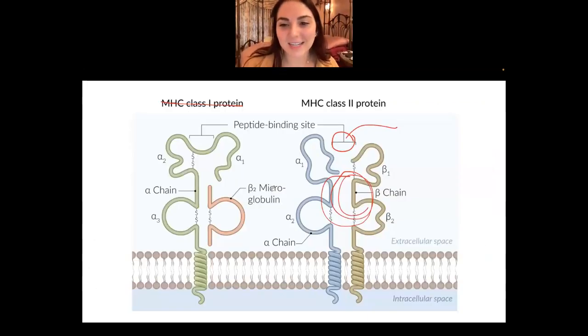So is the invariant chain acting like a placeholder for the antigen? Exactly. You don't want self antigen to accidentally get loaded into MHC class 2. That would be very bad. So what the invariant chain is doing is preventing self antigens from getting loaded. And when the actual exogenous antigen peptide gets loaded, it causes the invariant chain to get clipped off.